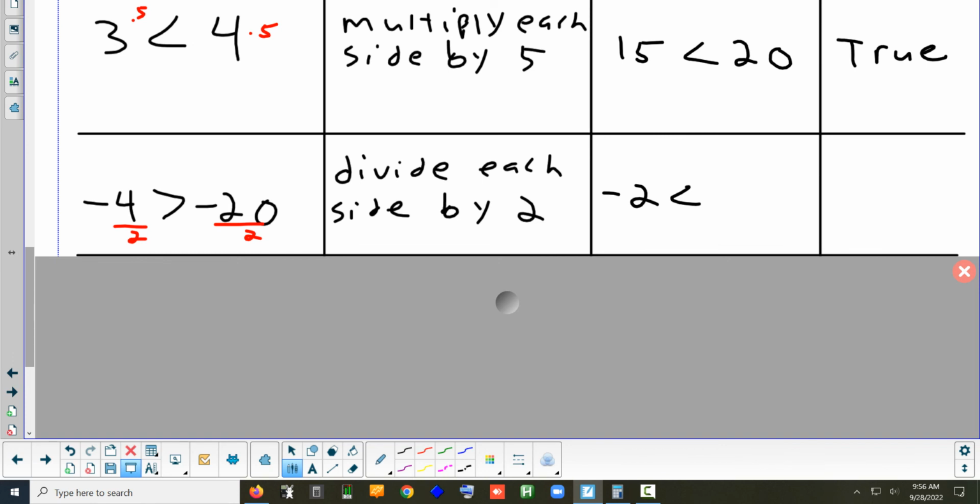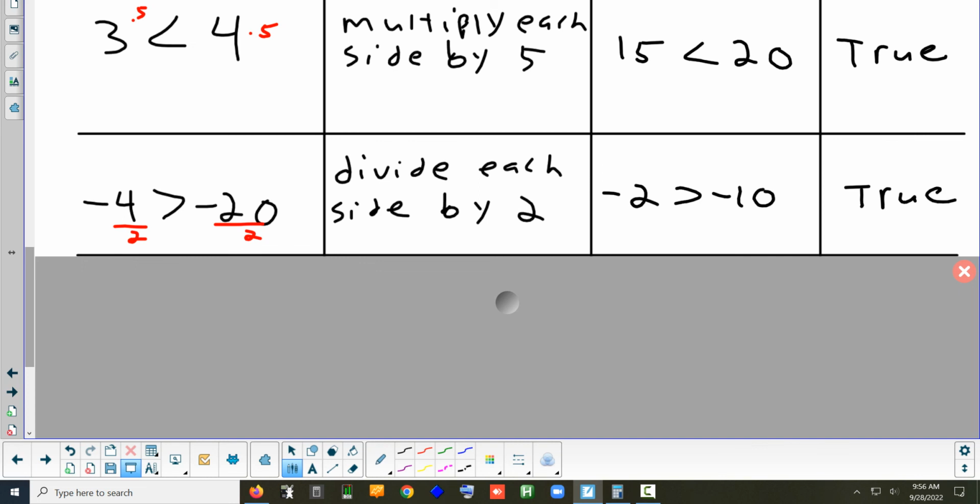Negative what? -10. All right, so we divided each side by 2. Is -2 greater than -10? Yeah. So we divided both sides by 2, and we still ended up with something that worked.